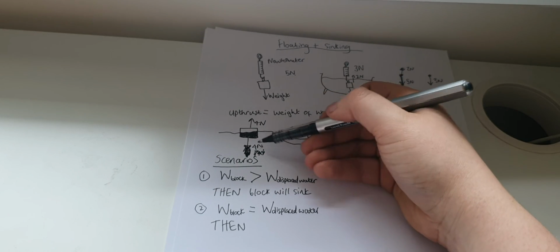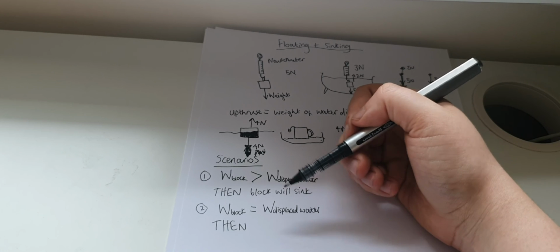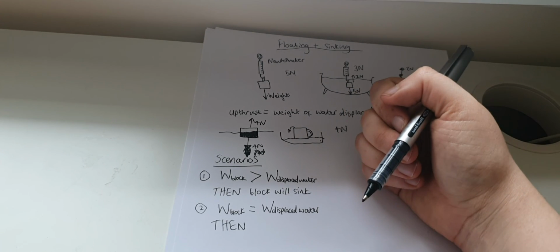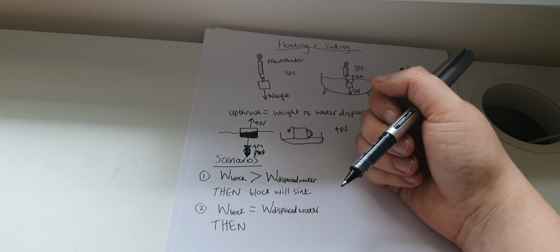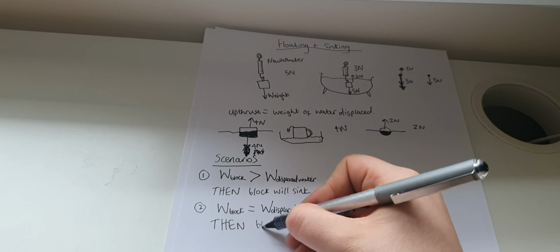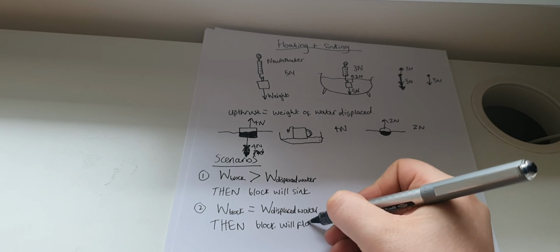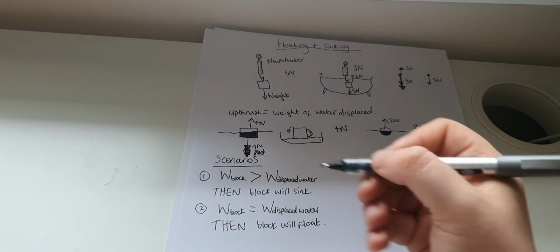So 4 newtons up, 4 newtons down. What is the resultant force on that? The resultant force, if there's 4 up and 4 down, will be 0 newtons. Okay, there will be a resultant force of 0. So what will happen is the block will float.